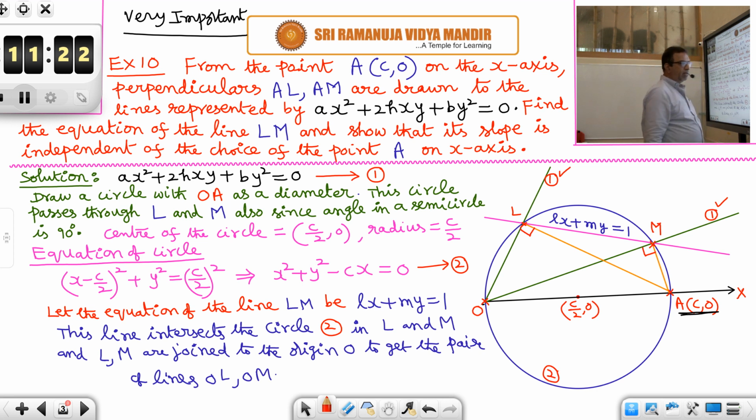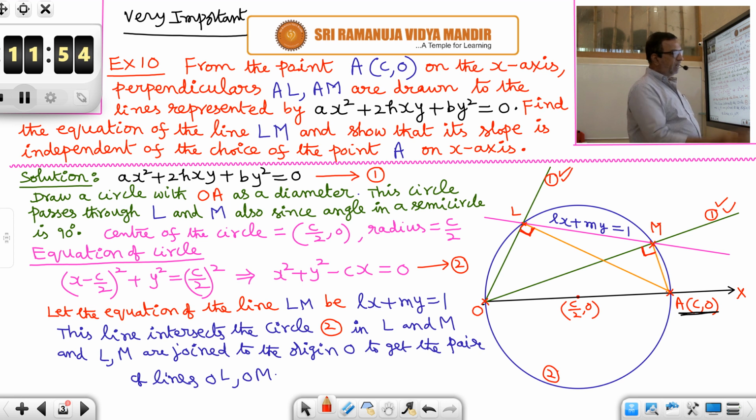From that point a perpendicular AL is drawn to this line. See, AL, you can see here 90 degrees. It is perpendicular to the green line. So L is the foot of the perpendicular. Similarly to the other green line, perpendicular AM is drawn. See, this angle is 90 degrees. M is the foot of the perpendicular on the line.